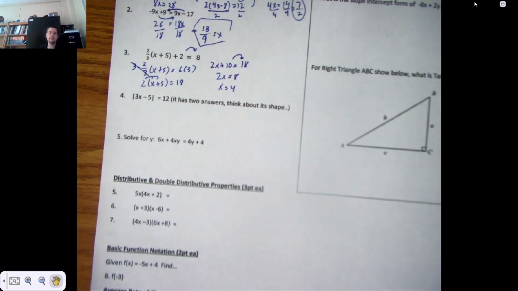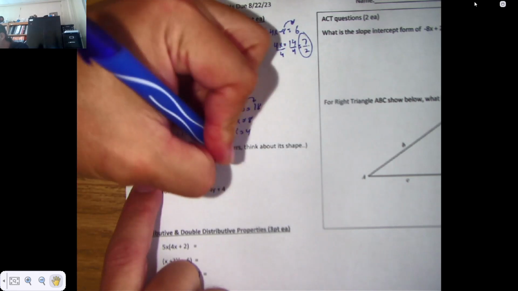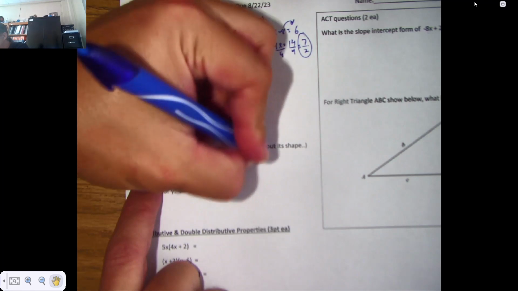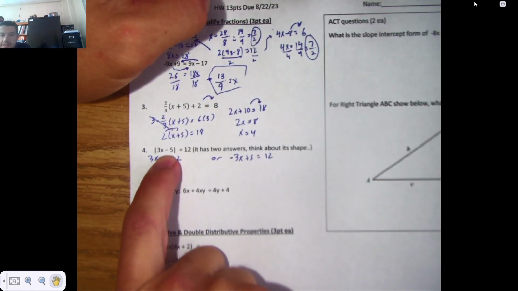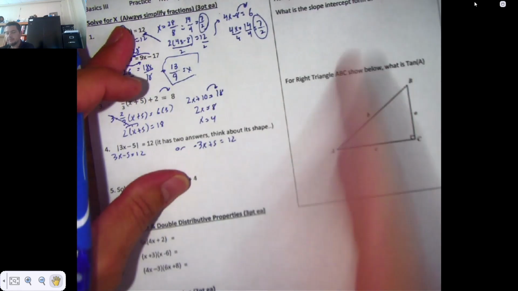So anyways, back to this one. You have to write 2 equations. 3x minus 5 is 12, or negative 3x plus 5 is 12. So we negate the sign on everything, because we can either be something on the left or we can be something on the right.